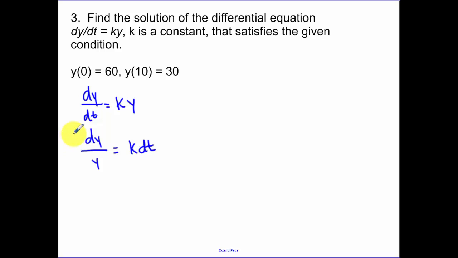Now I take my integral. I have the ln of y. What's the integral of k dt? Remember, k is a constant. k is a number. That's like saying 5 there. So what's the integral of 5 dt? That's going to be that constant times t plus c.